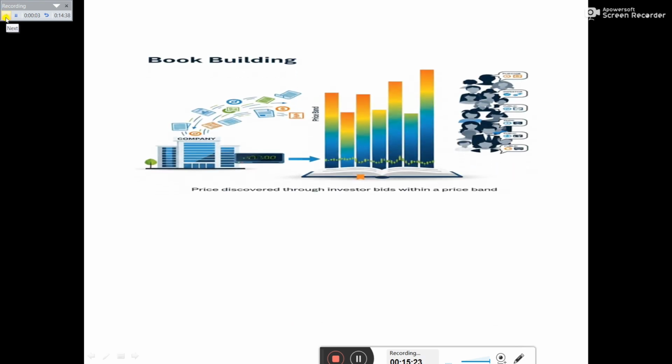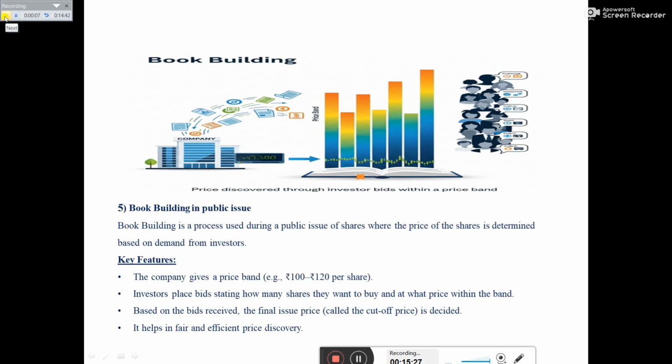Next, book building. So this is one of the main things. See, book building in public issue. What is this? A process used during a public issue of shares, where the price of the share is determined based on the demand of the investors. While fixing the price of the share, the company gives a price band, a range, an amount like 100 to 120 per share.